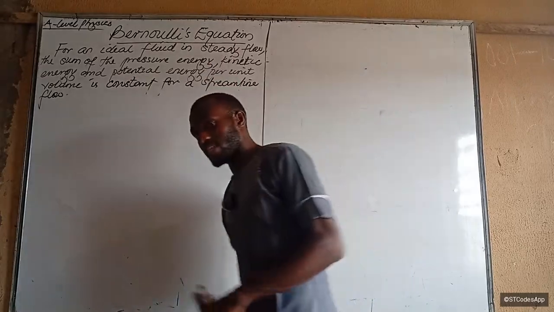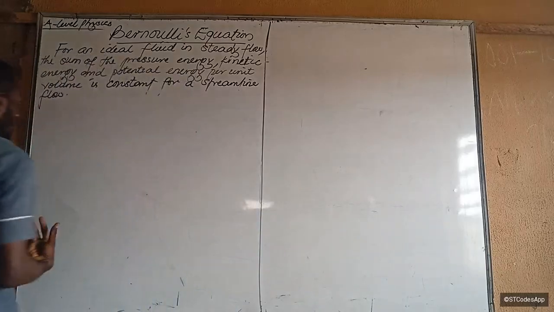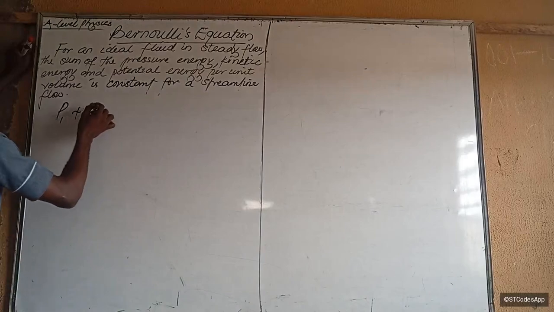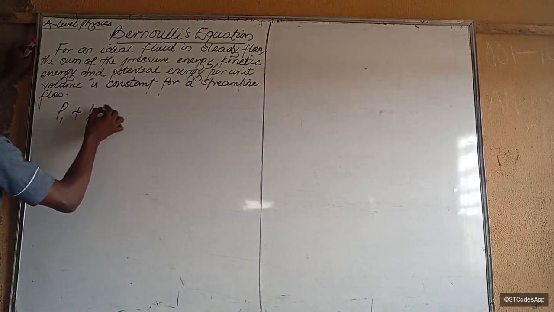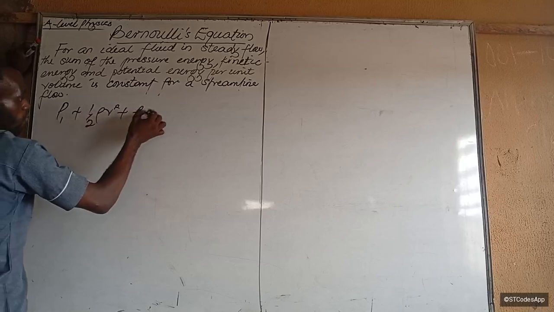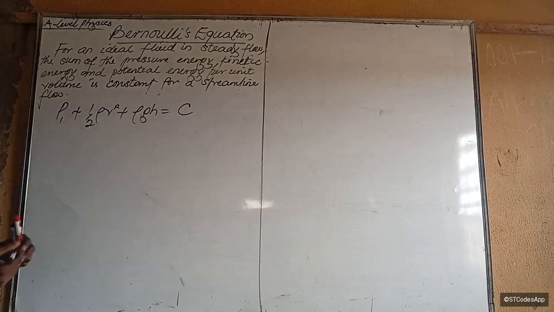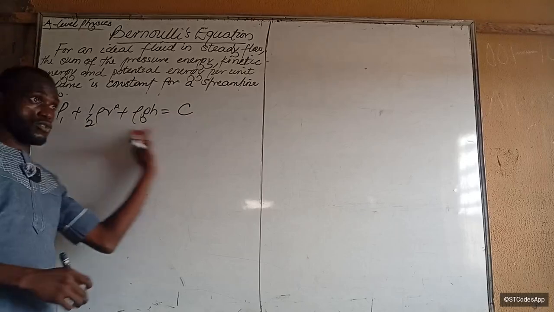Okay, let me make sense of this expression. The overall equation is written like this: P plus half rho V squared plus rho g h is equal to a constant C. Alright, so that's what the law is saying.